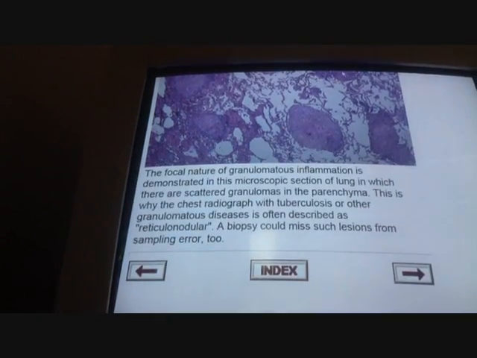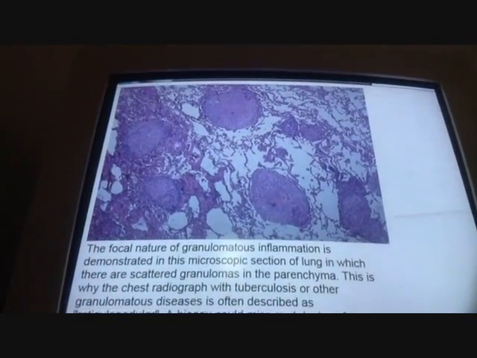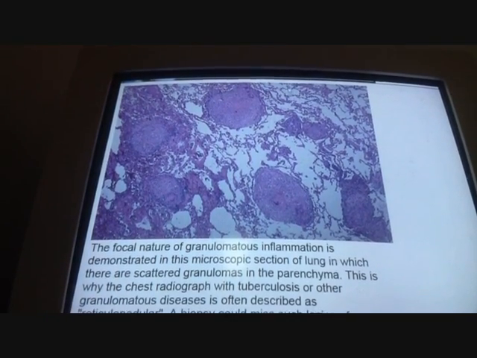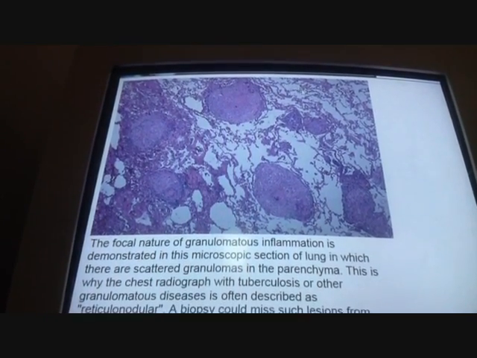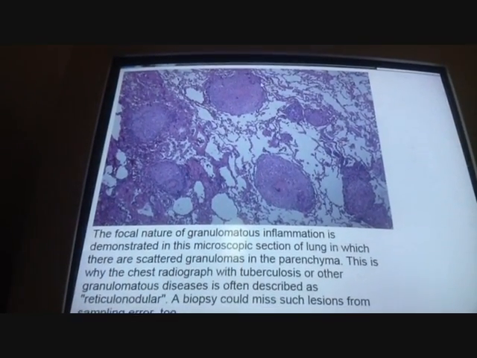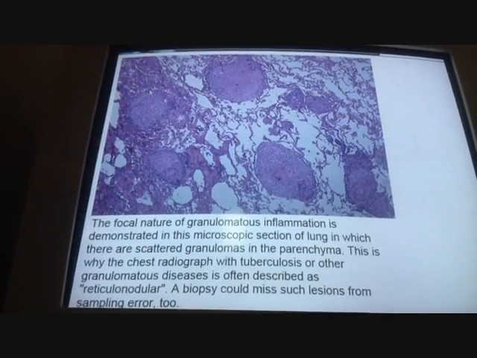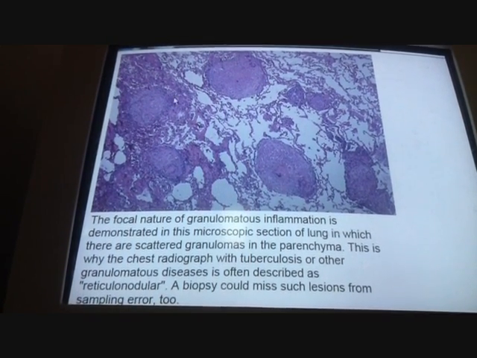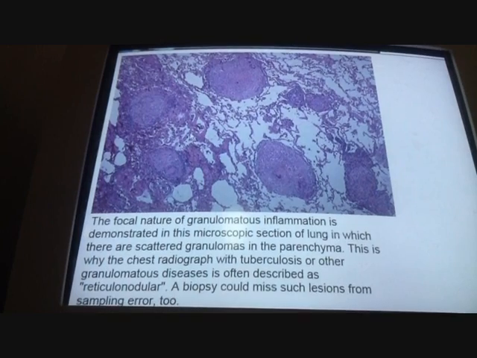This is a microscopic section. Now let's take a look back at the alveolar spaces. Here we have the alveolar spaces, and the walls are thin. So we have no component of chronic inflammation in the walls. But if you can notice, we have those large nodules, large nodular lesions. Those are the granulomas found in cases such as TB.